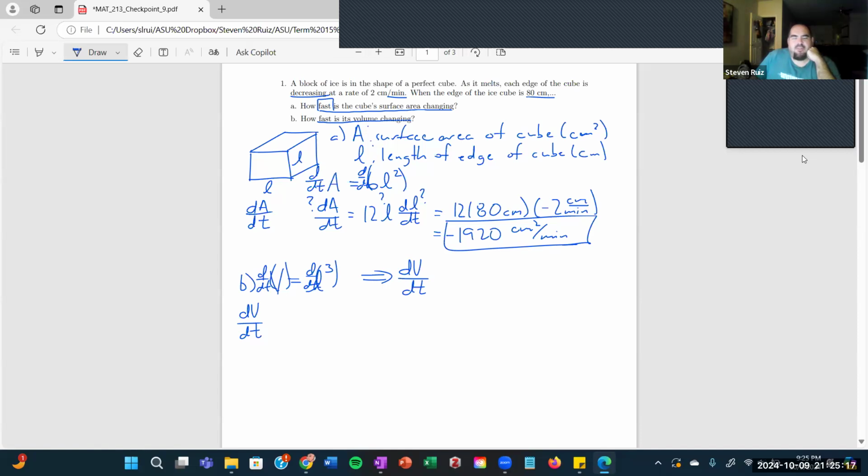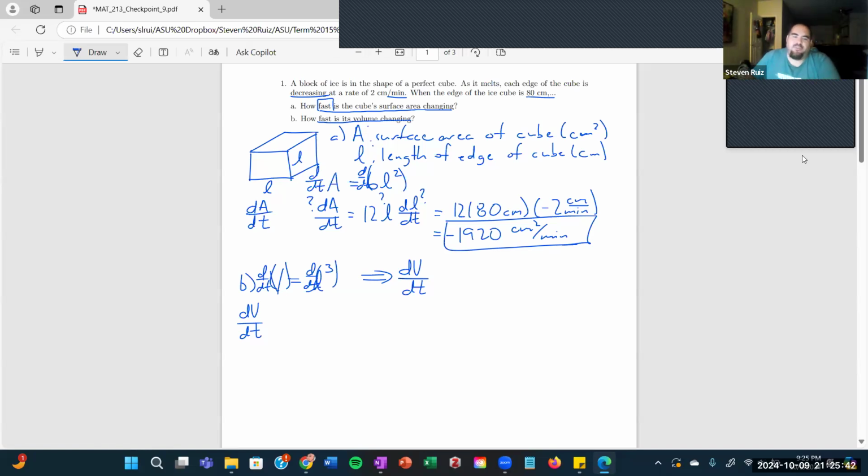And what's the derivative of L cubed? Just like we did with our first part, we have an inner and outer function here. We have length, which is a function of time. We can think of that as our inner function. And acting on that, we're cubing the length. If we take the derivative using the chain rule, our outer function is something cubed.